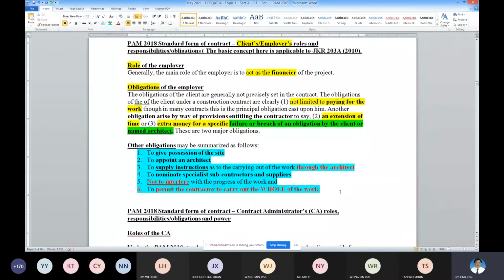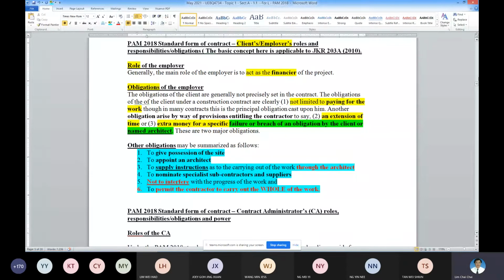You don't go and disturb the contractor on how to carry out the work. The contractor is to finish the work for you. If they cannot finish, then you impose your punishment in the sense of liquidated damages. We will cover that topic in future. So these are the parts of the obligation.